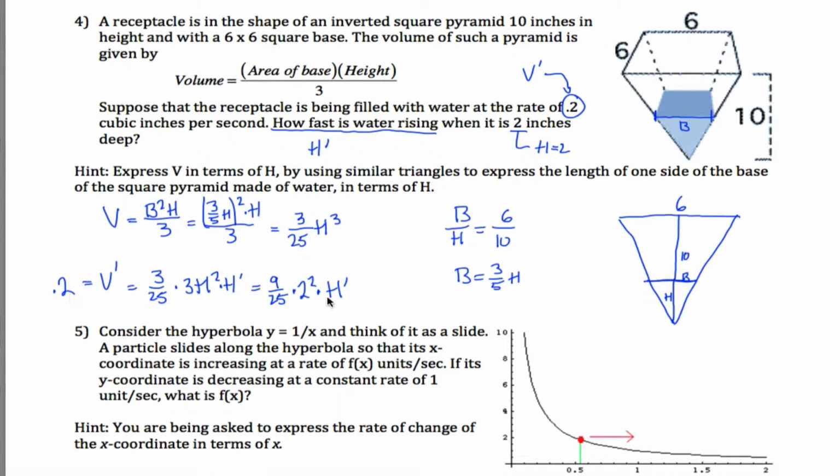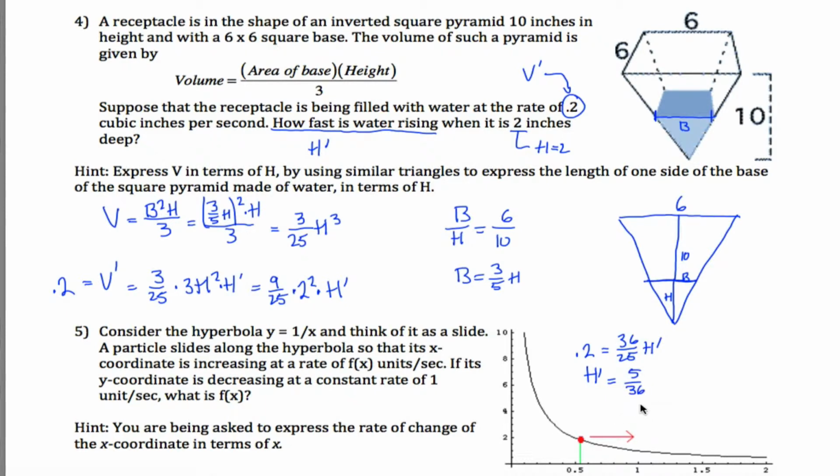So I can solve for H prime because I've got an equation here. The left-hand side is 4 times 9, which is 36. So if I multiply both sides by 25, 25 times 0.2 is 5, and then divide by 36, I get H prime is 5 over 36.